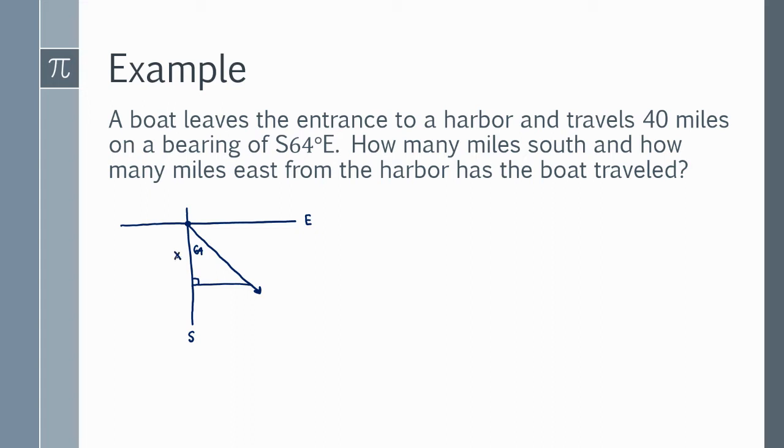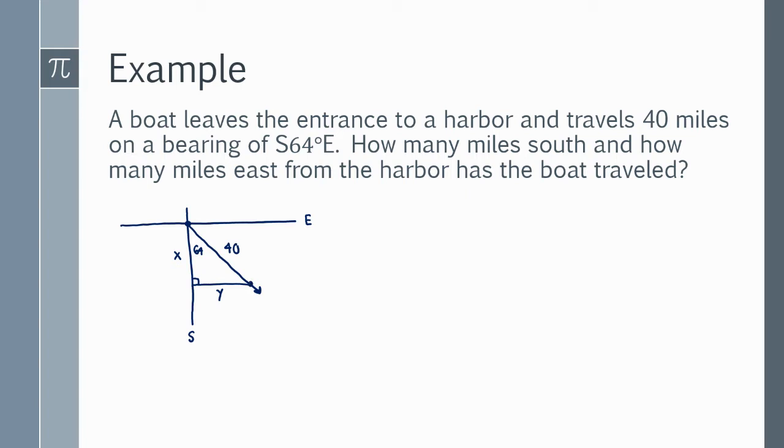I'm going to call that x, and how many miles east? I'm going to call that y from the harbor. Essentially, we have to find the two legs of this right triangle. We know the hypotenuse is the distance the boat traveled, and it told us that it was 40 miles. So technically the boat is right here at that point.